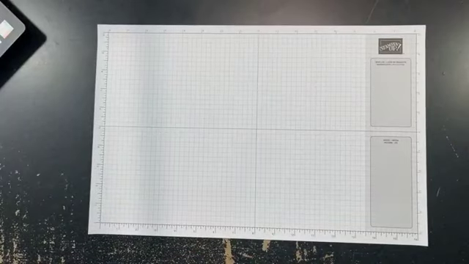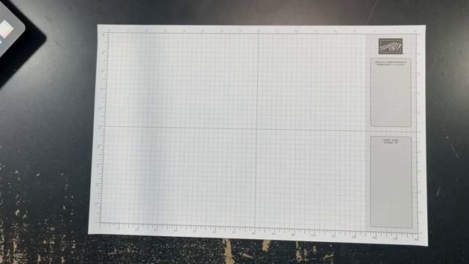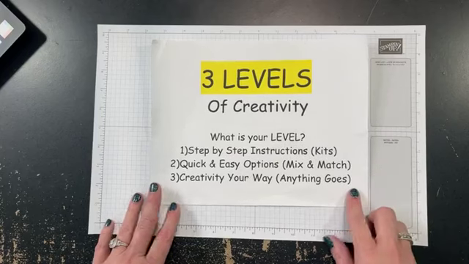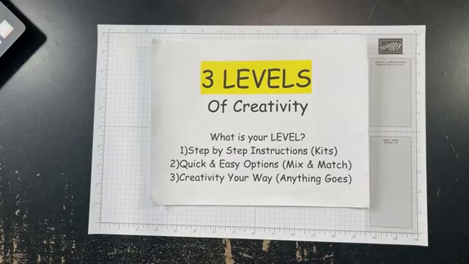I'm going to do a few housekeeping things to get that out of the way so that we can get started. Again, not going to spend too much time on this because I talk about this every video. 3 levels of creativity. So we offer something for everyone. We have stuff for beginners with our step-by-step instruction kits. We have something for the intermediate with our quick and easy options, the mix and match section of our catalog.